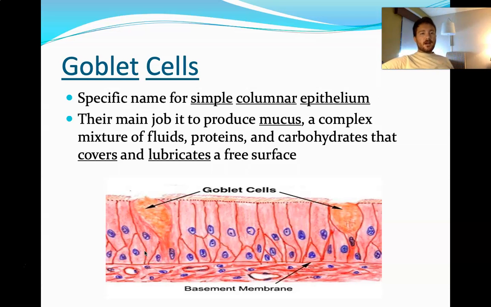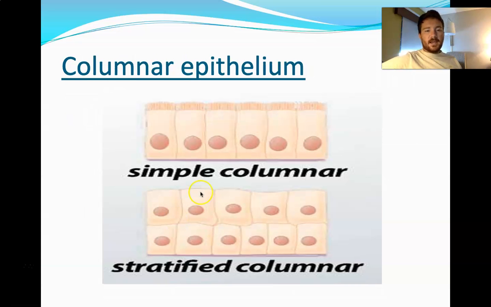There's also some other odd ones. Goblet cells are the technical name for simple columnar epithelium, and they have a name because goblet cells produce mucus, generally speaking. You can see on the picture of the simple columnar epithelium that a lot of them are going to have these fine layers of micro hairs.